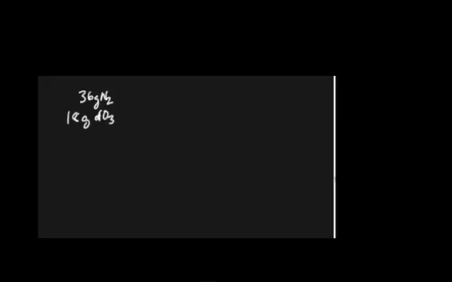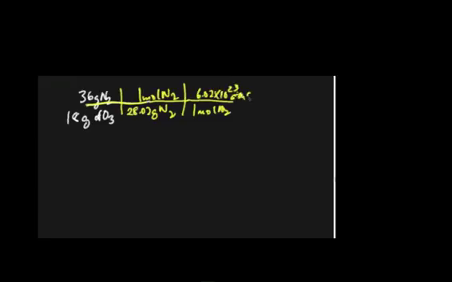So what you do is, for instance, we know that nitrogen has a molar mass of 14, but since it's N2, it would be 28.02 grams of N2 in 1 mole of N2. And then we can say 1 mole of N2 has 6.02 times 10 to the 23rd atoms.